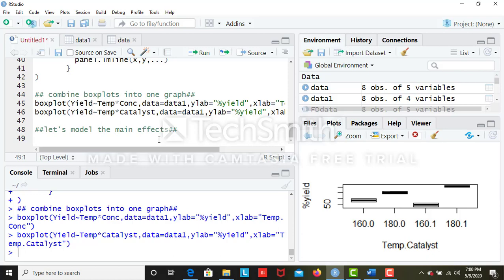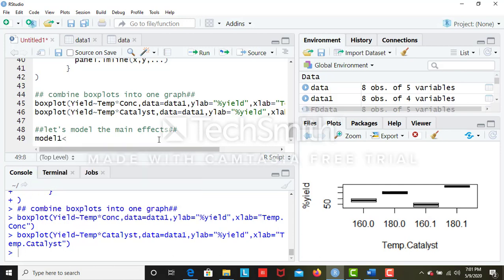What I mean by that is that we're going to build models that will fit this data set, considering that we have one interaction that is significant. So we're going to start by looking at just the main effects. We're going to ignore the interaction for now. So here we don't consider any interaction. I'm going to call this model1.